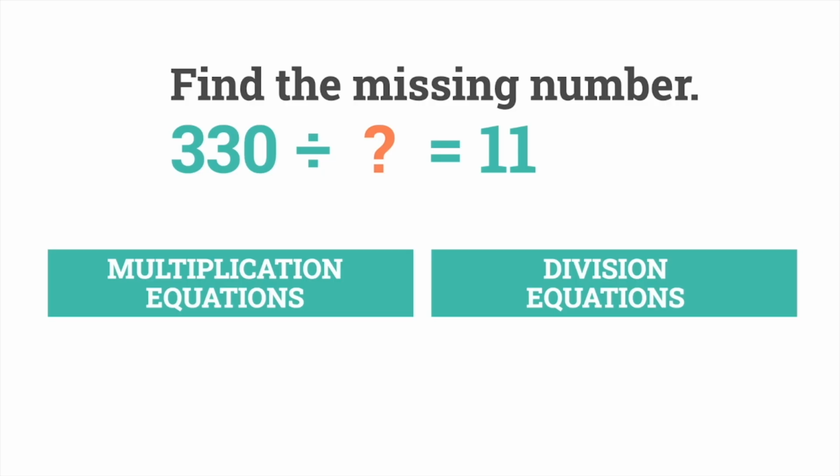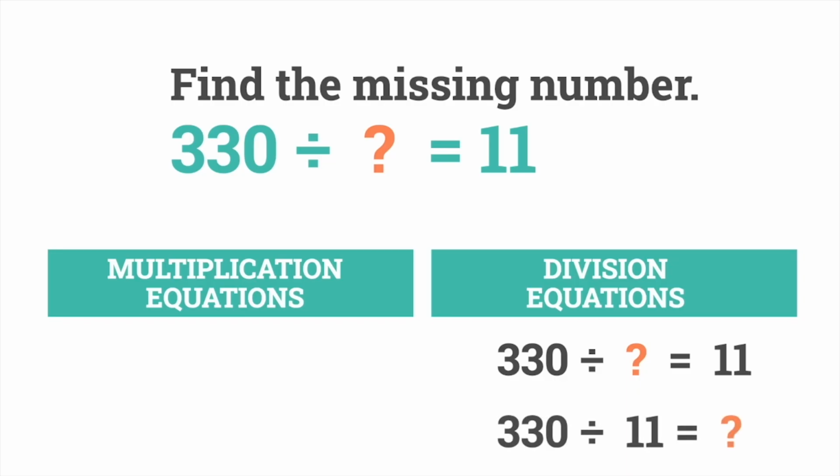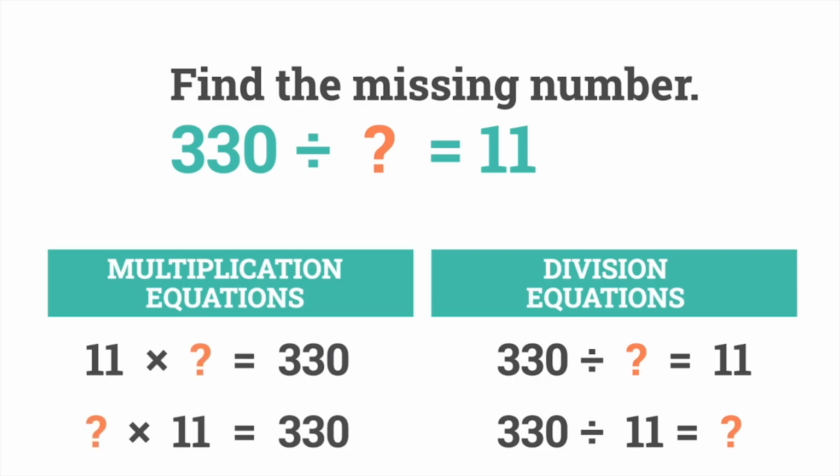Let's write our related division equations. If 330 divided by a missing number equals 11, then 330 divided by 11 equals a missing number. We could also write the related multiplication equations like this. Now, which equation will help us find the missing number? This division equation right here.